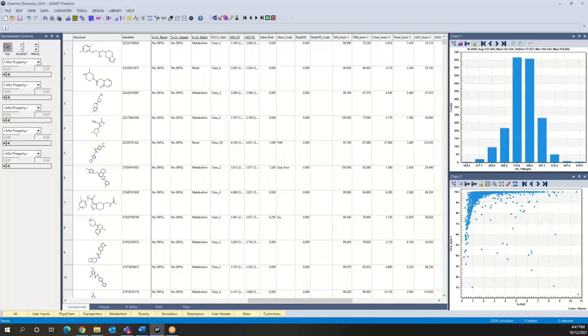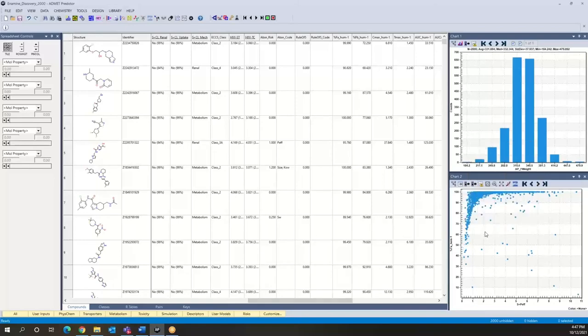But so what we see is that compounds that tend to have higher permeability, and that's against our effective jejunal permeability model, those compounds that are predicted to have higher permeability, jejunal permeability, are also predicted to have a high fraction absorbed. Okay.